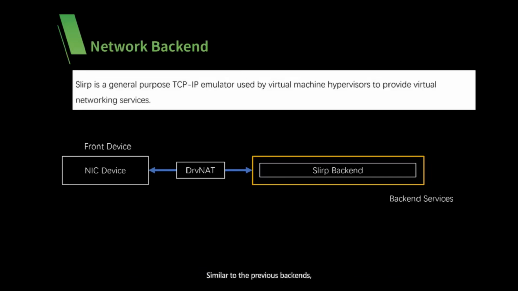Similar to the previous backends, it also has a unified interface, which is DRVNAT. Therefore, the network device attack surface has added DRVNAT and SLIRP backends.